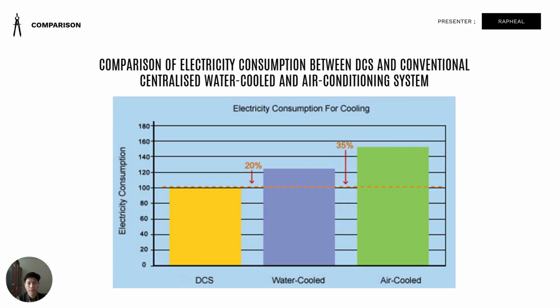Air cooled is higher than water cooled, with electricity consumption 35% higher, and water cooled compared to DCS is 20% higher. That means DCS electricity consumption is lower than water cooled, and air cooled is higher. It means air cooled needs higher electricity consumption.